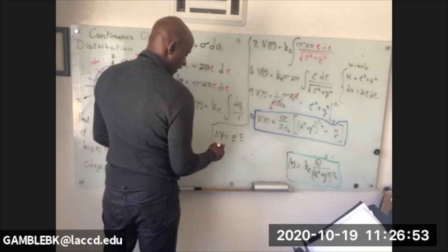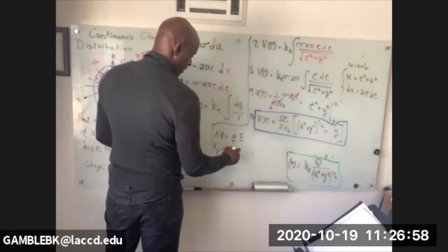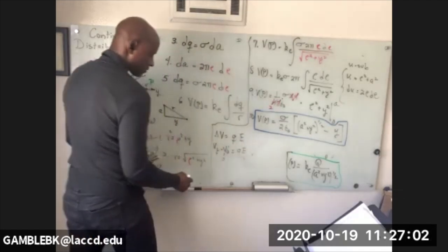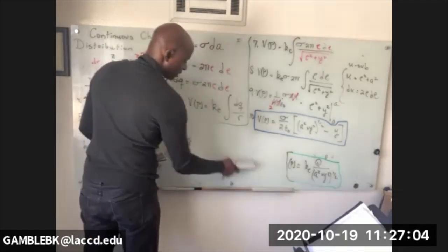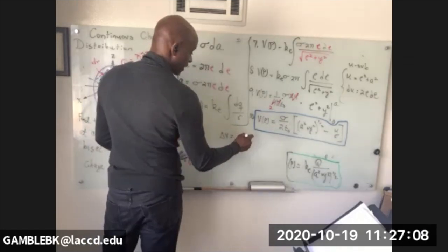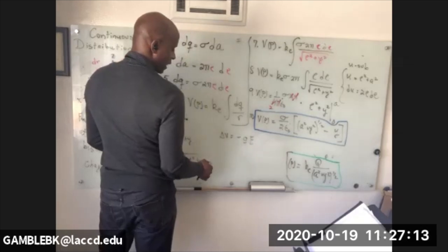And that's V final minus V naught. Usually we make the V naught 0. In general, for a constant field, delta V is equal to negative QE, and its magnitude is positive.